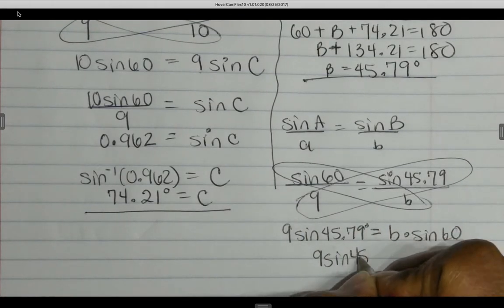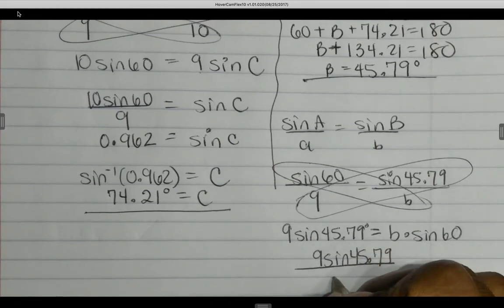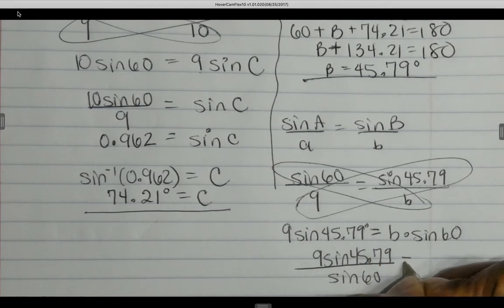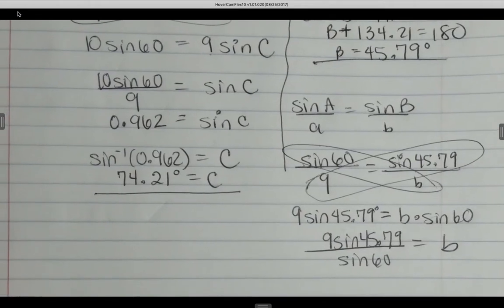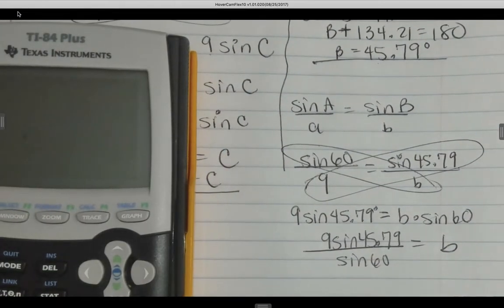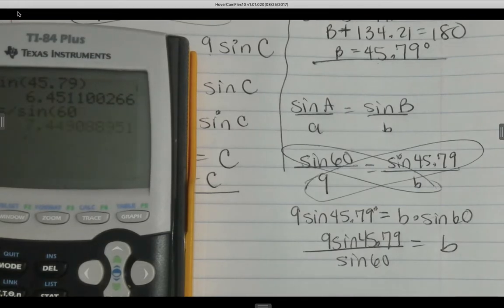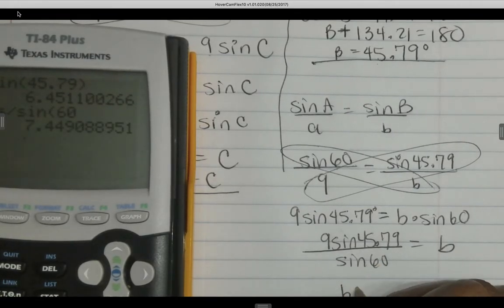So I'll put what we already had on the left side, divide that by sine 60, and then I get side B. Just type all that in the calculator. 9 sine of 45.79, and then all that divided by sine of 60 gives me 7.45.